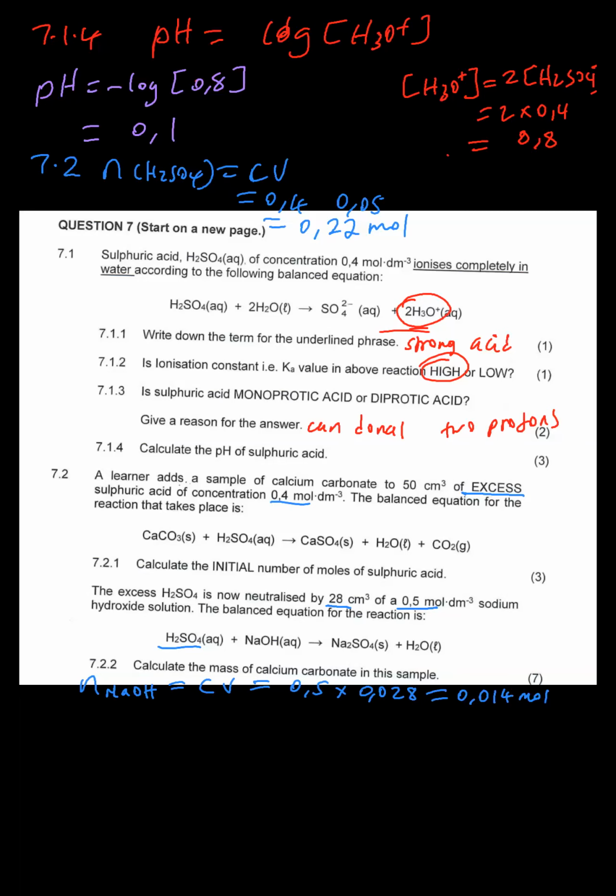If you check the reaction, it's 1:1. Therefore, number of moles of H2SO4 in excess is equal to number of moles of NaOH, which is 0.014 mole.